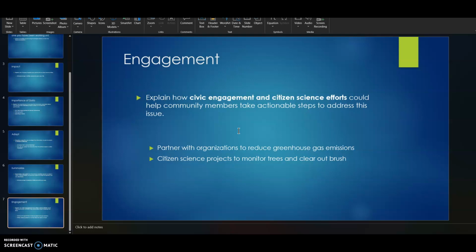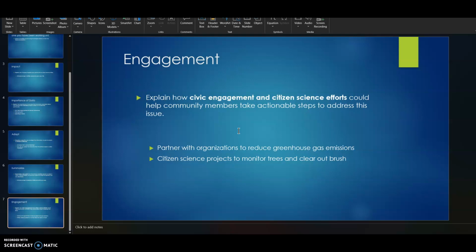And then there could be citizen science projects that have been put into place to help monitor the trees. In Colorado, we have trees that die from a certain pest called an emerald ash borer, and it causes the trees to die. And then they're just sitting there and they're basically like kindling. They'll just light up really quickly.